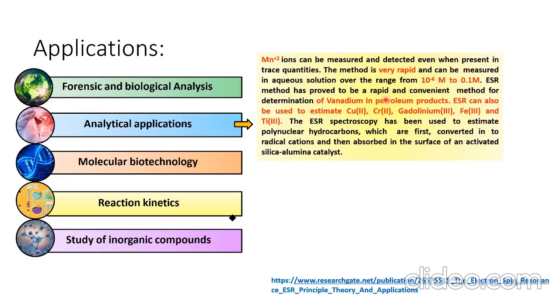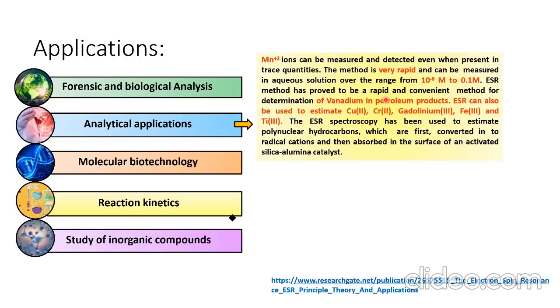Then for the analytical application, manganese 2+ ion can be measured and detected even when present in trace quantities. So very small quantities can be measured. This method is very rapid and can be measured in aqueous solution over the range of 10 to the power minus 6 molar to 0.1 molar.